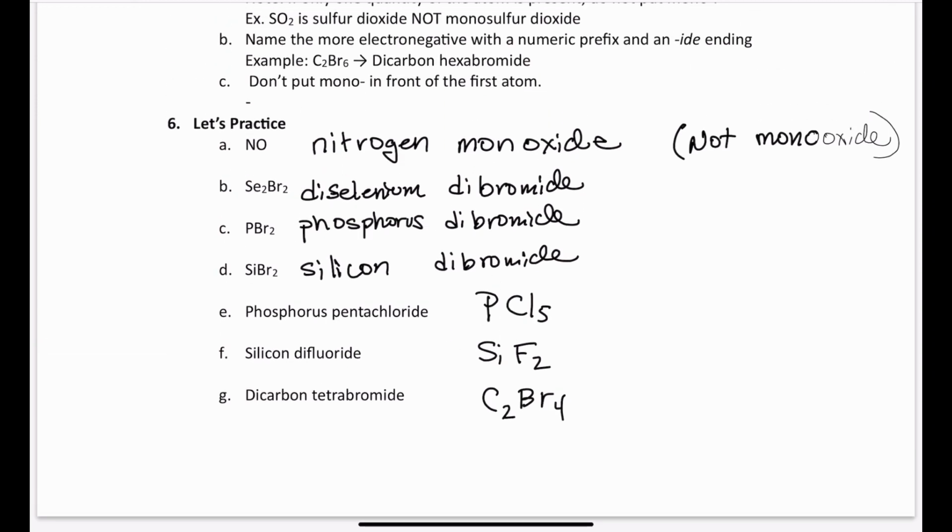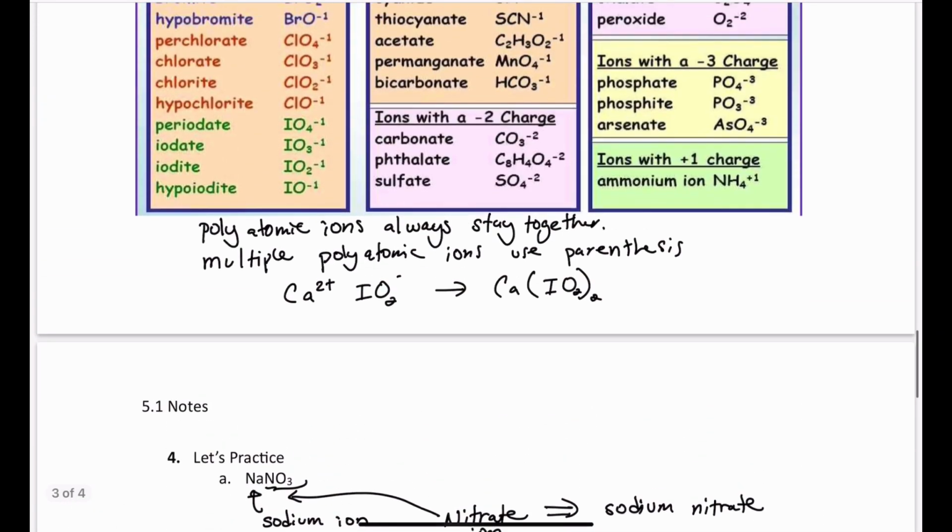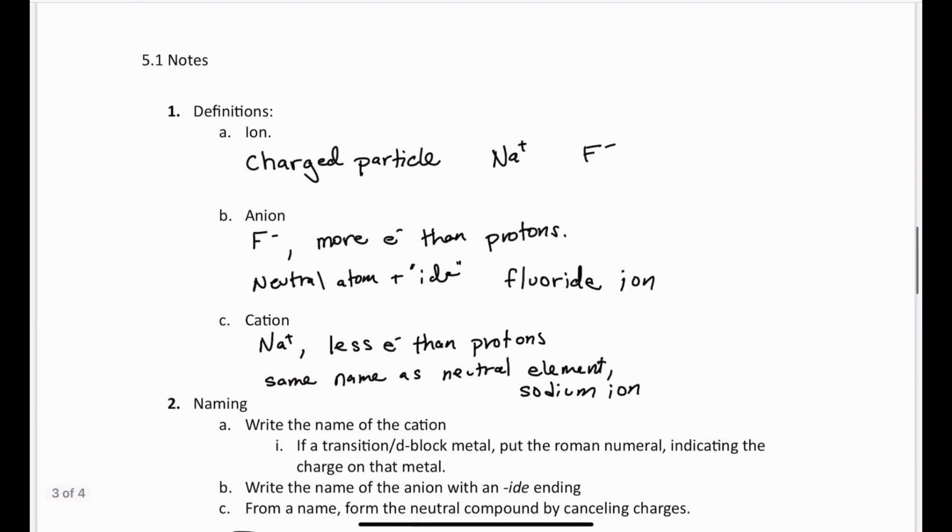The main thing to remember, this is for non-metal and non-metal. Non-metal and non-metal, that's when we use mono, di, tri, tetra. Up here, this is the one where we have metal and non-metal, or polyatomic ion.